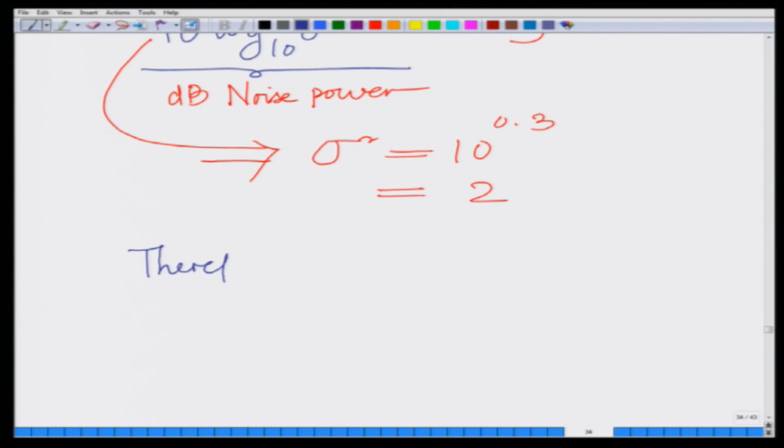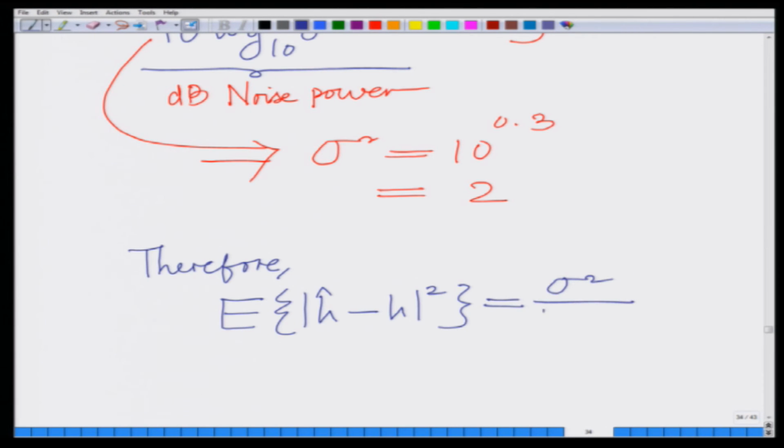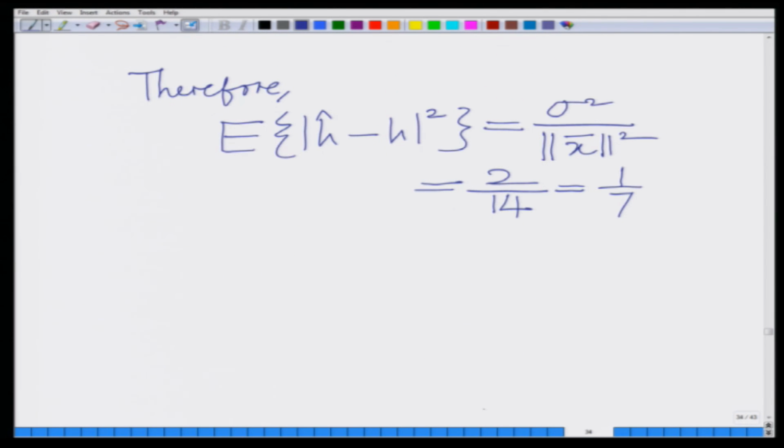Therefore, we have expected value of magnitude h hat minus h whole square, which is equal to sigma square divided by norm x bar square, which is equal to 2 divided by 14, which is basically 1 divided by 7. So, this quantity is basically 1 divided by 7.